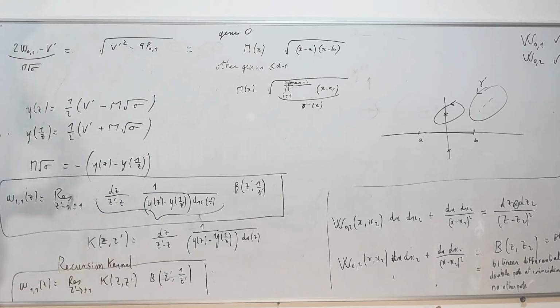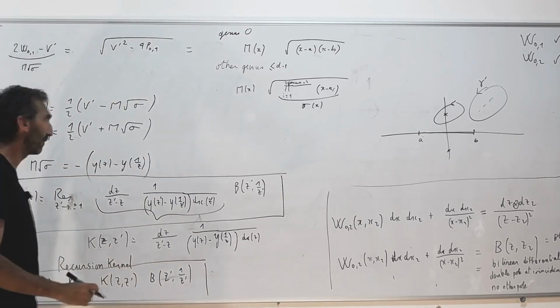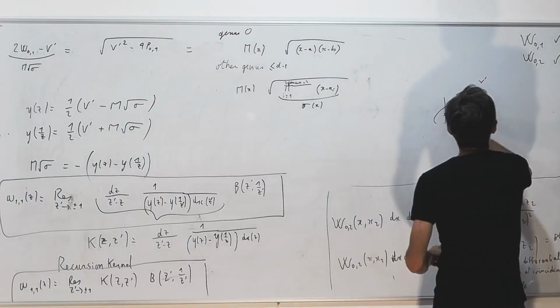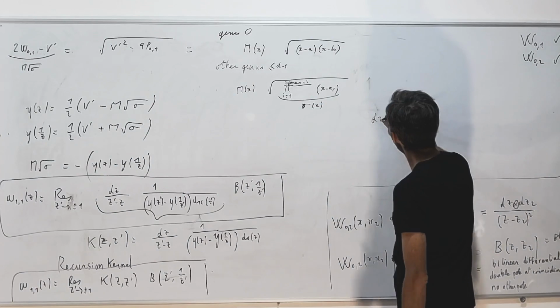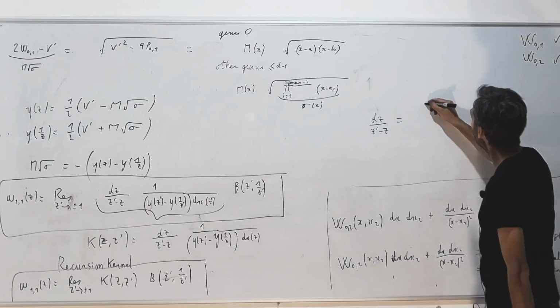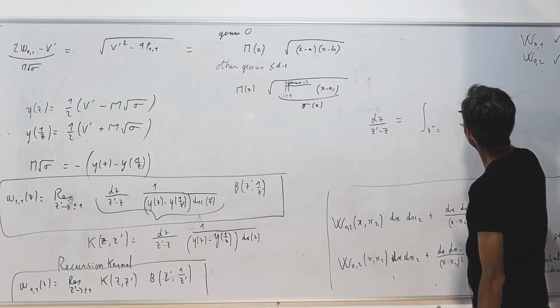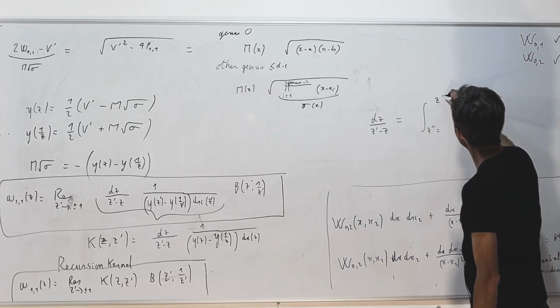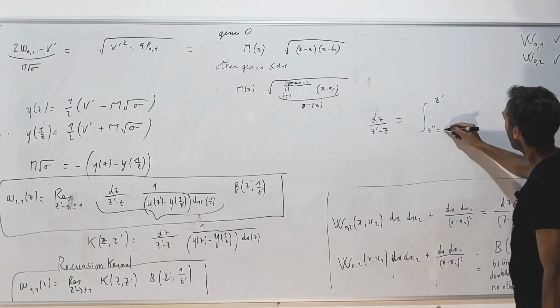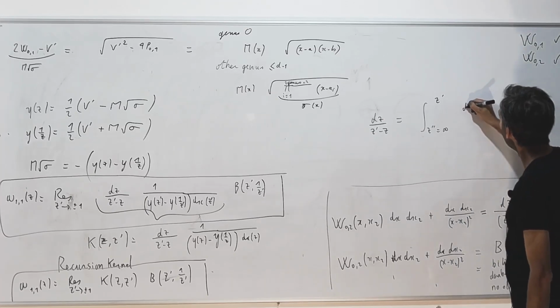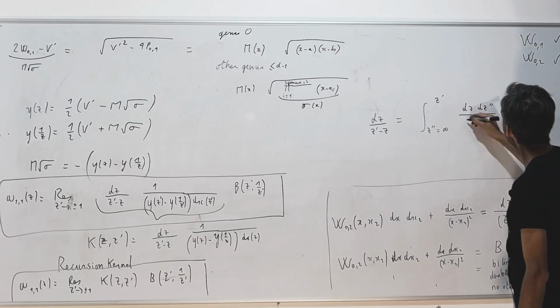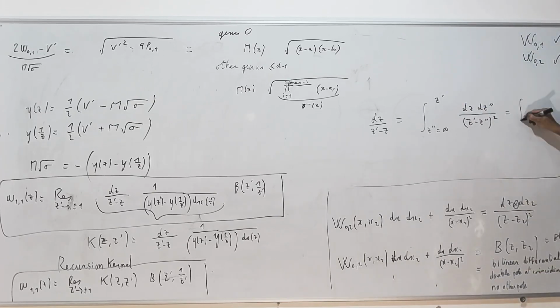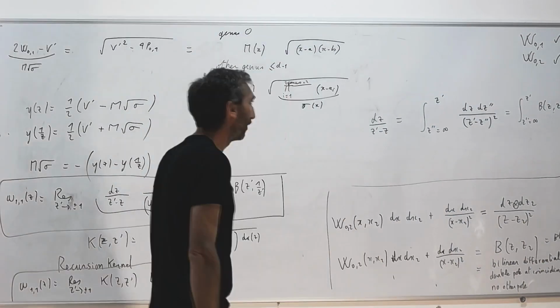In fact, let me observe that this dz over z prime minus z is just the integral from z second equals infinity to z prime of dz second over (z prime minus z second) squared. So it's just the integral from infinity to z prime of B of z second. Somehow it's just a primitive of B.